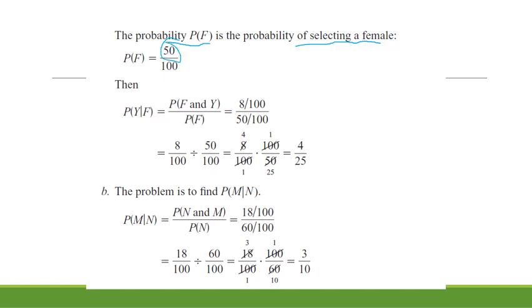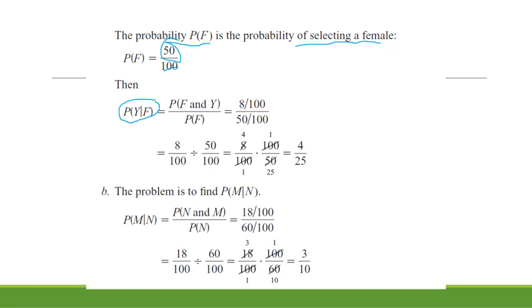over 100. Okay. Then, we need to compute the probability of those respondents that answered yes after the first event, which is the probability of selecting a female.